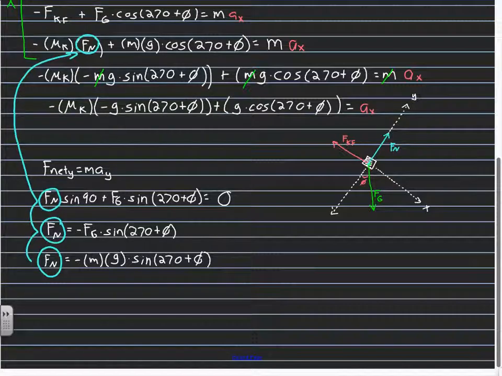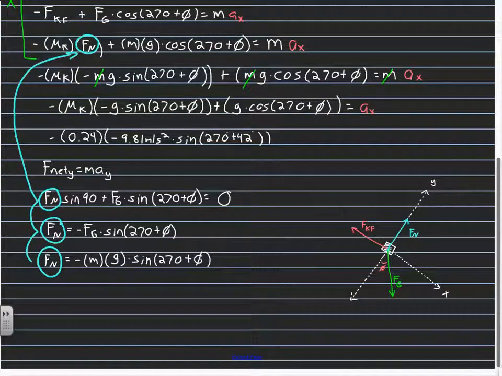From here we can plug in our knowns. So we have negative 0.24 times negative 9.81 meters per second squared times the sine of 270 plus 42 degrees, plus 9.81 meters per second squared times the cosine of 270 plus 42 degrees.